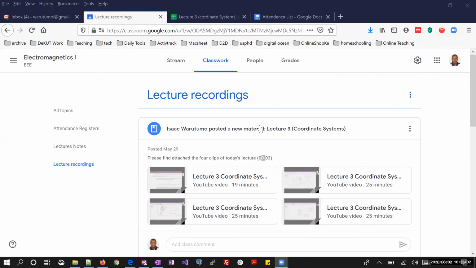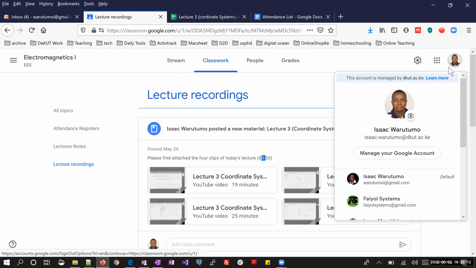For those who are having problems joining Classroom, this is how Classroom looks. You just make sure that you have logged in with your Dakut email. You can see I've logged in with my Dakut email here. So log in with your Dakut email. That's the first step.